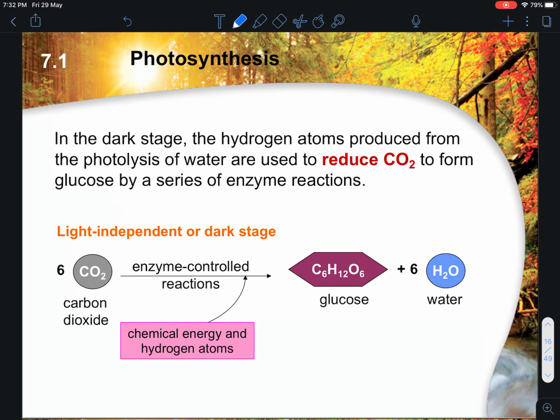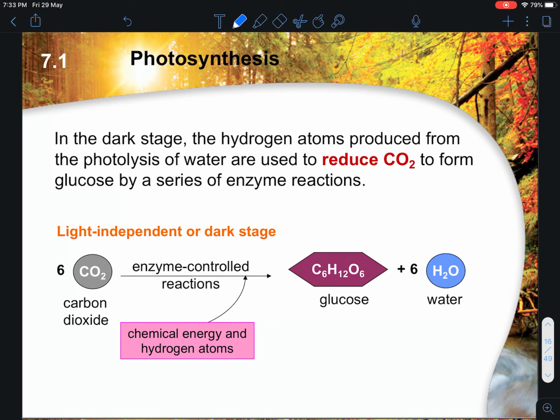However, in the light independent stage, or the dark stage, the hydrogen atoms that are produced from the initial stage of the photolysis of water help to reduce CO2. So there's an oxidation step and a reduction step in the chemical equation that you will learn maybe in chemistry, but in biology you just need to take note that these hydrogen atoms are important to help reduce carbon dioxide gas.